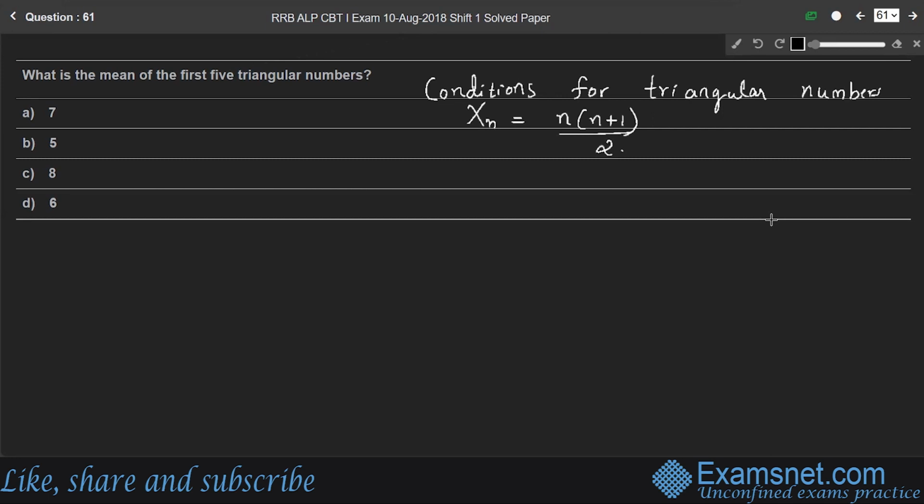So we'll consider the first triangular number x1. The nth triangular number is n into n plus 1 by 2. So the first triangular number is 1 into 1 plus 1 by 2.